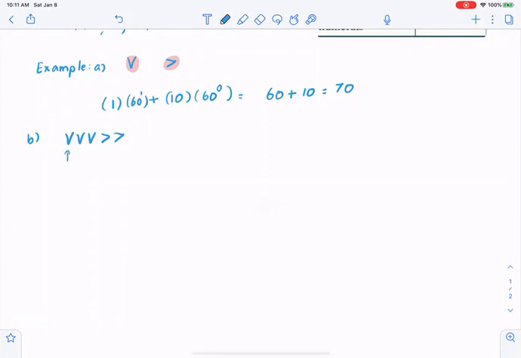Downward is 1, and sideways would be 10. So I'm specifying 1 plus 1 plus 1 plus 10 plus 10. So that would be 23. There is no multiplying by 60 raised 0 or 60 raised 1 because I don't have multiple digits.